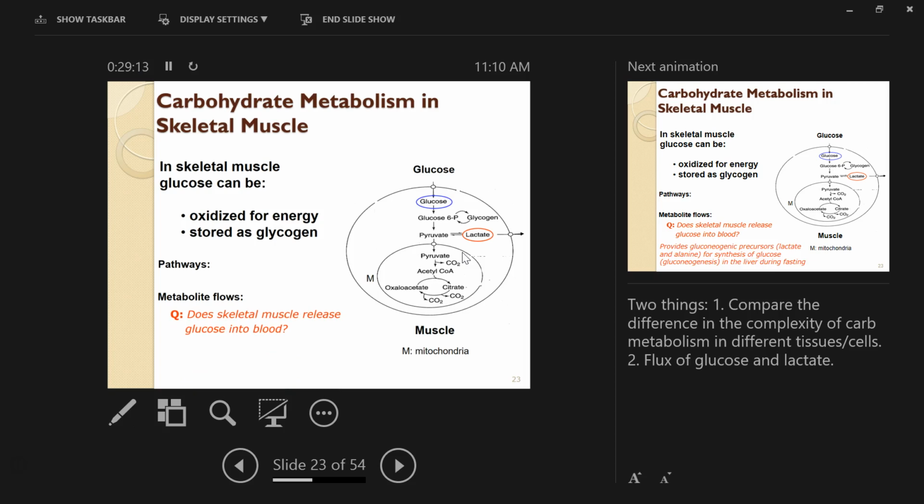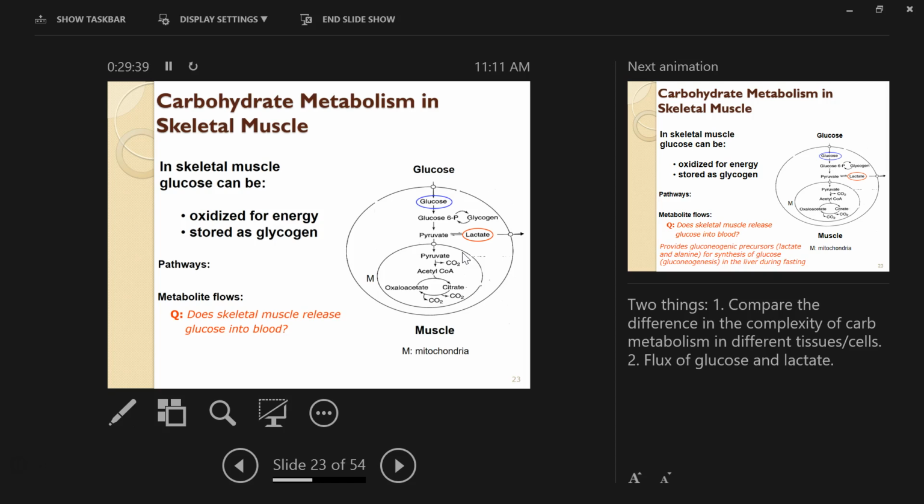I think I asked this question earlier, but I just wanted to ask again. Does skeletal muscle release glucose into blood? Not directly, right. I mentioned this because of the key enzyme that is lacking in the muscle, which is glucose 6-phosphatase, right?